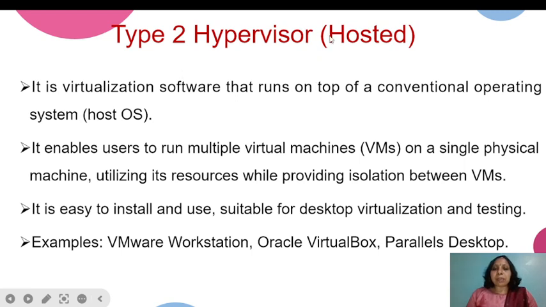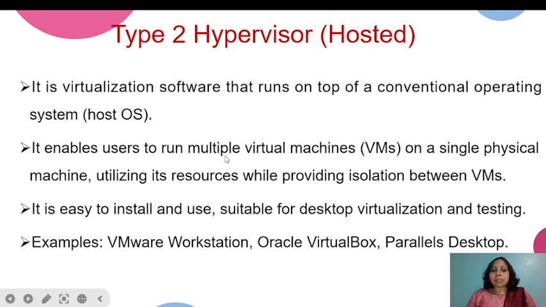I hope you should be able to guess why hosted, because there is going to be the host OS that you will find in between the hypervisor and the hardware, and this is where type 1 and type 2 show their difference. Type 1 directly interacts with the hardware, whereas type 2 goes through the host OS.